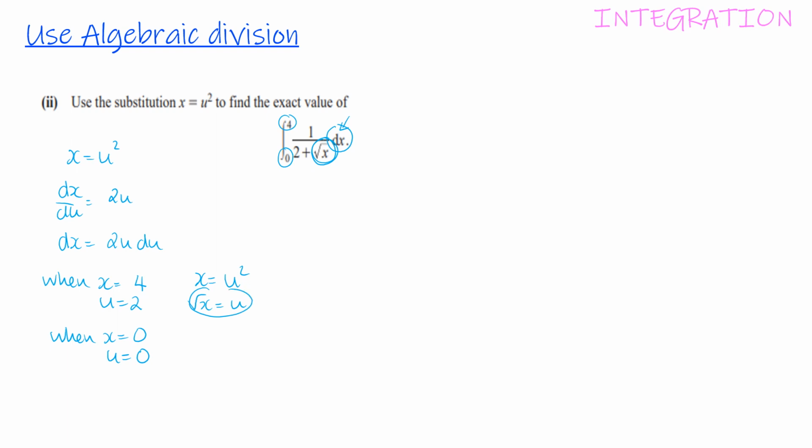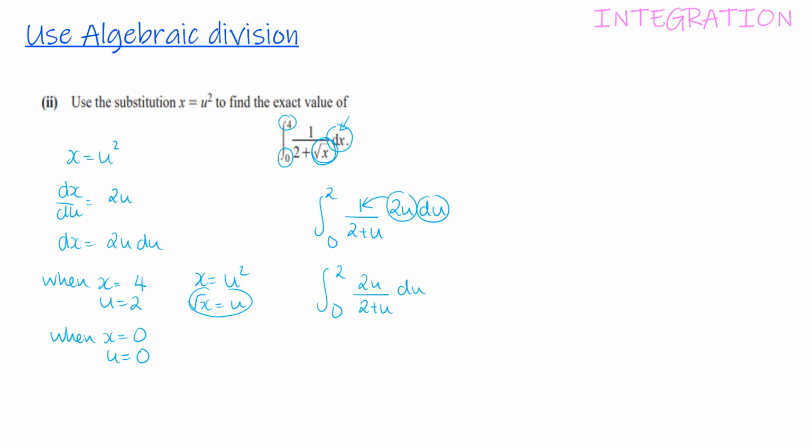So now I'm ready to make the substitution. I'm integrating in terms of u between 0 and 2 of 1 over 2 plus u, times 2u du. The du means I integrate with respect to u, but this 2u needs to join in with what I'm integrating. So I'm going from 0 to 2 of 2u over 2 plus u.